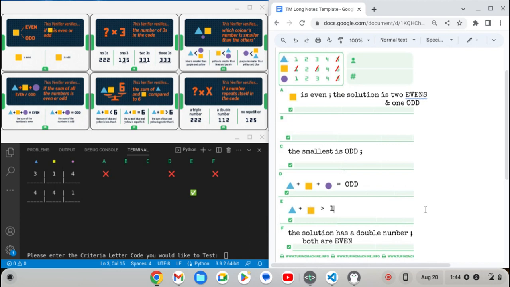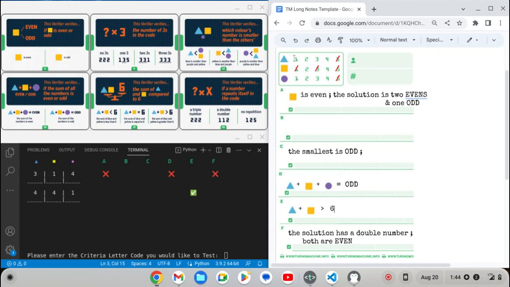And since it's greater than 6, we may be able to deduce that there has to be a 3, because I don't see any possibility of 1 working.